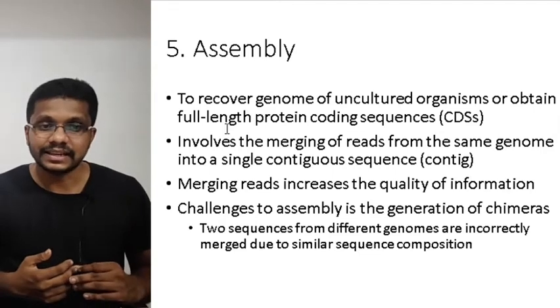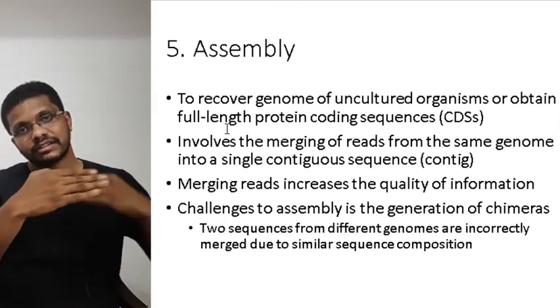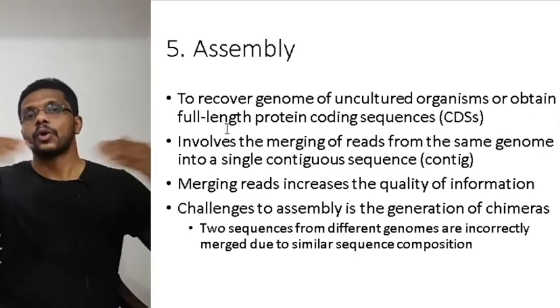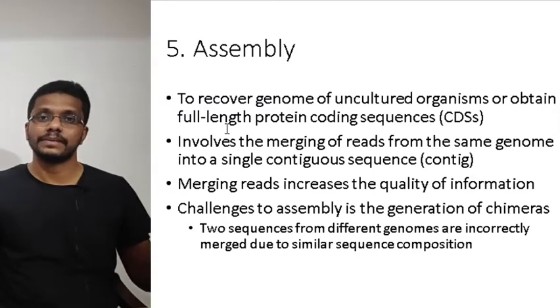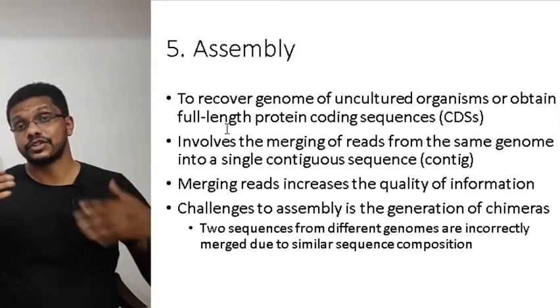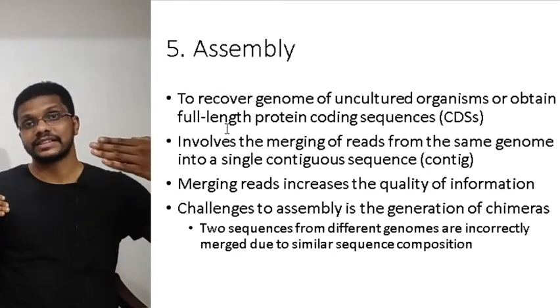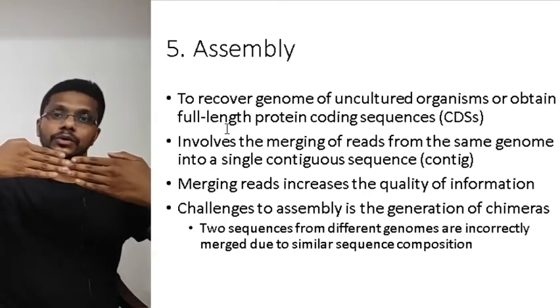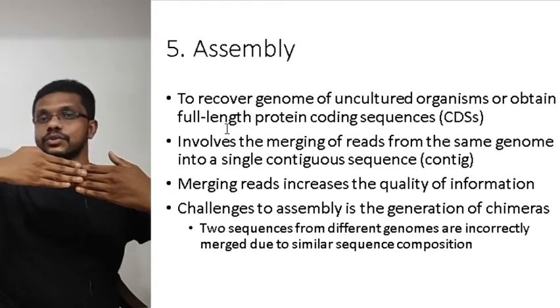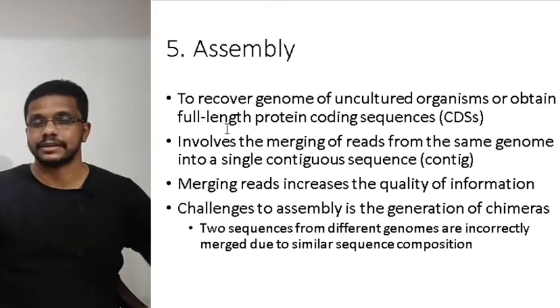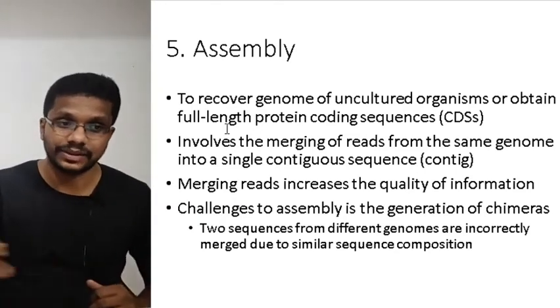The challenge is the production of chimeras. When we are trying to stitch all the sequences together, sometimes there is sequence homology between different organisms. So the sequence of one organism will be stitched to or overlapped with the sequence of another organism. So we'll get a chimeric sequence. That's a major limitation of assembly techniques.